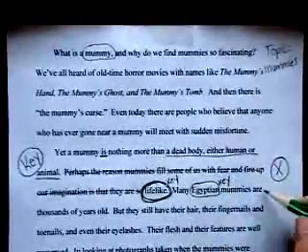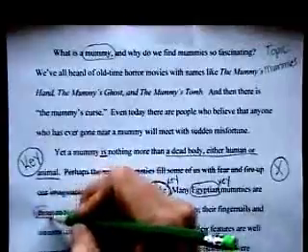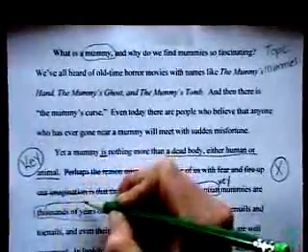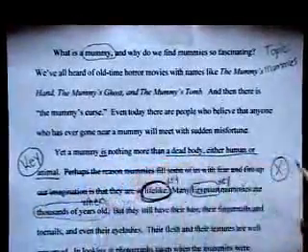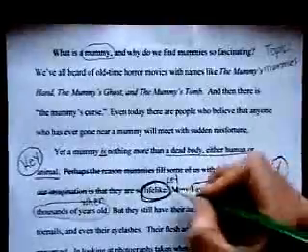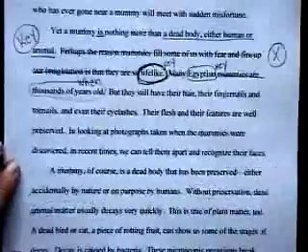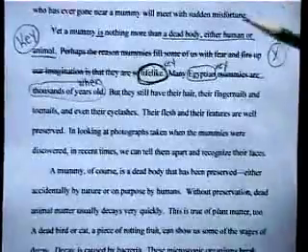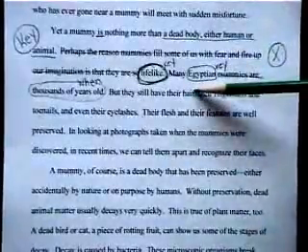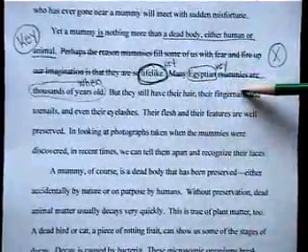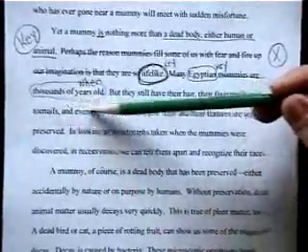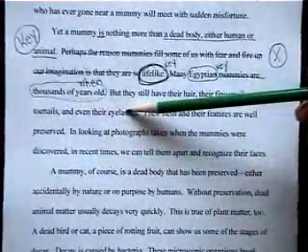And thousands of years old, that seems kind of key too because it tells me when. So I'm going to keep those 2 key ideas and just get rid of the rest of it. All right, here's the next sentence. But they still have their hair, their fingernails, and toenails, and even their eyelashes.